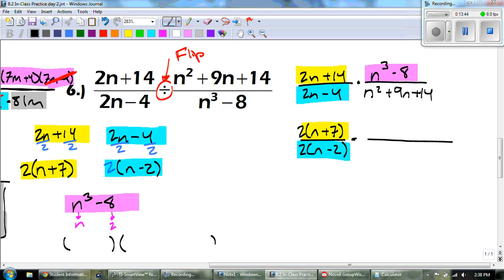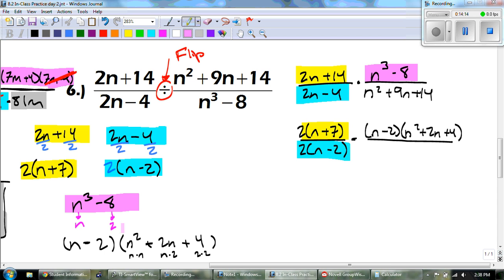We got to follow the pattern of minus plus plus. Our first binomial is just the n minus 2, and then we have n times n, which is n squared, n times 2, which is 2n, and then 2 times 2, which is 4. So we have n minus 2, and then n squared plus 2n plus 4. So that was everything in the pink.